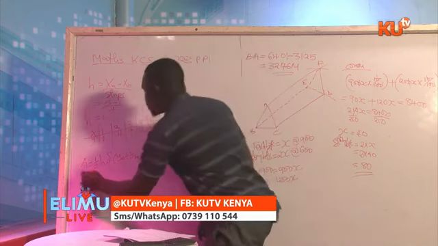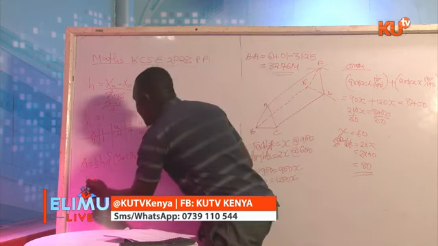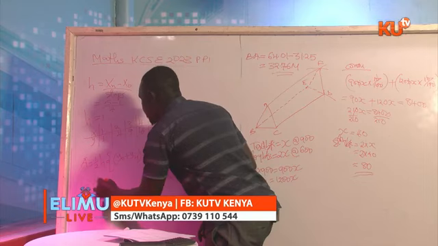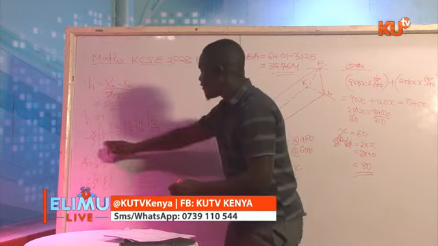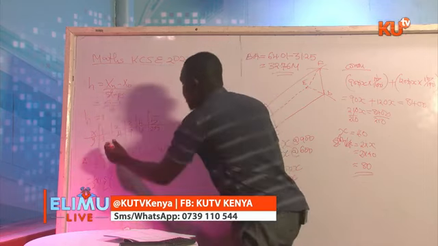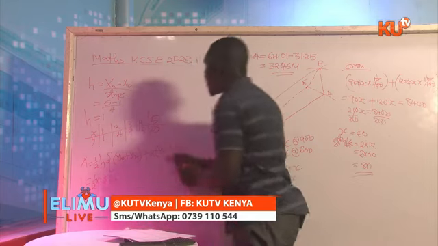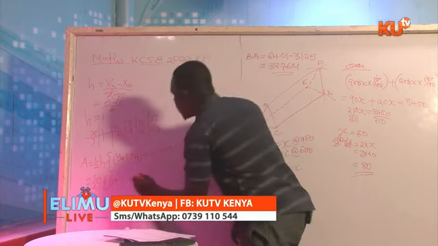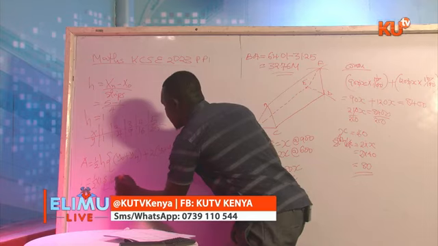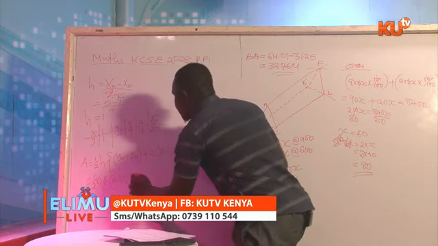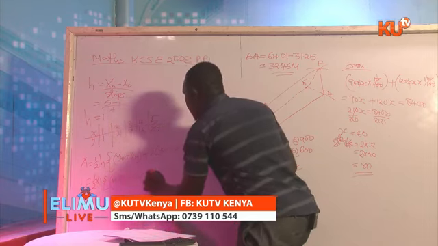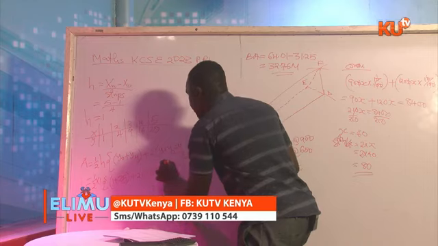That's the formula. So you do substitution. This is a half times h, which is 1, into y naught, the first value, that is 1, plus yn, which is 25, plus 2 into 4 plus 9 plus 16.